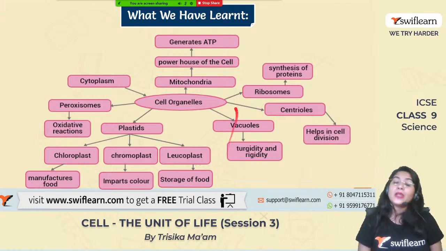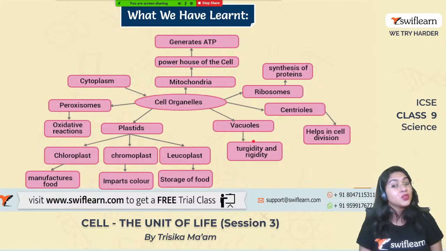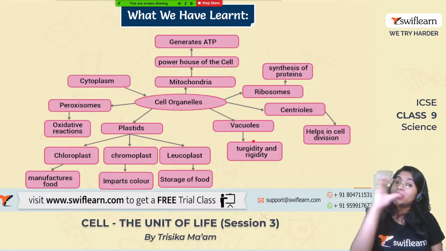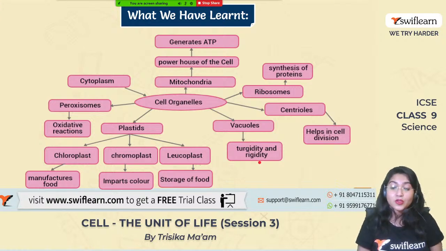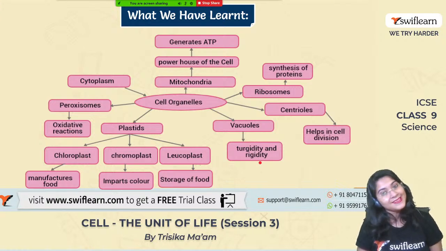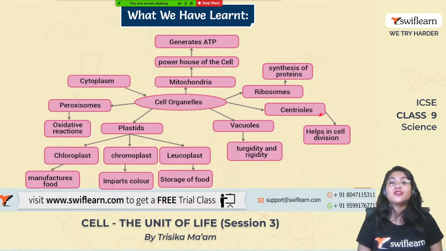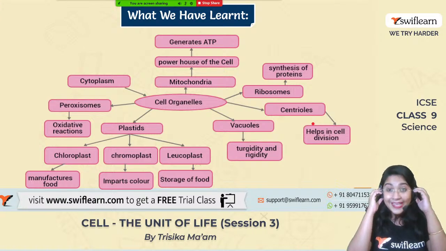Right. Now, in case of vacuoles, we have studied that they give the turgidity and the rigidity to the plant cell, because they are present larger in case of the plant cell, as well as they also maintain the osmotic balance. Now, in case of the centrioles, they are mainly present in the animal cells and help in the formation of the spindle fibers in case of cell division.